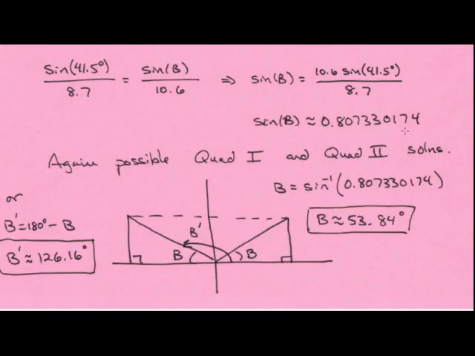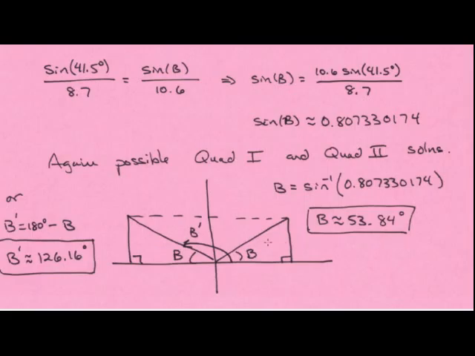Just like the previous case, this gives us two possible situations. We could have a quadrant 1 angle, and we can have a quadrant 2 angle as possible angles for our triangles. Well, for our first quadrant angle, if we just take the arc sine of 0.807331074, that turns out to have an angle size of 53.84 degrees.